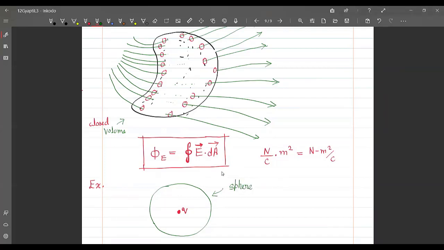For some reason, we like to call it a Gaussian sphere. The sphere is imaginary, meaning there is no actual material here. All I need to know about the sphere is it has a radius r. At the center of this sphere, there is a charge q.